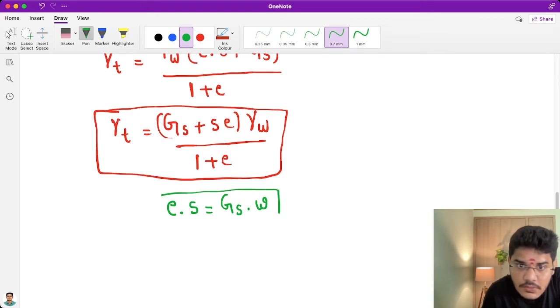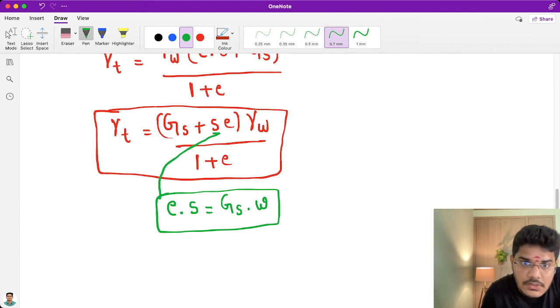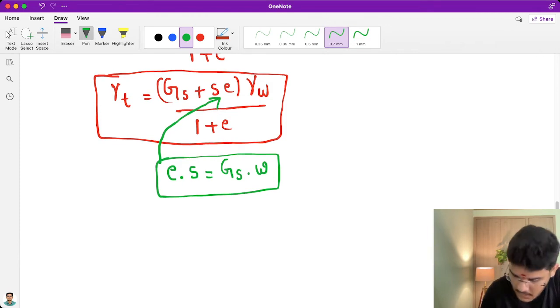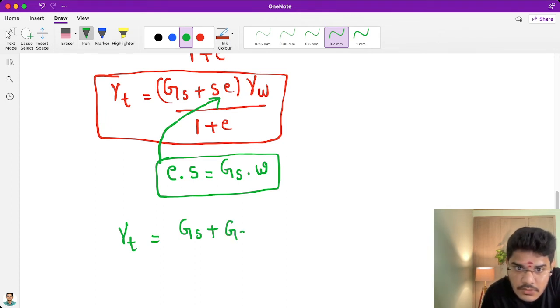If you put this e into S equal to Gs into w here, then our unit weight will be gamma T is equal to (Gs plus Gs into w) into gamma w by (1 plus e).